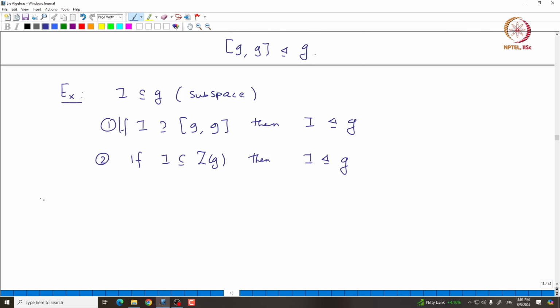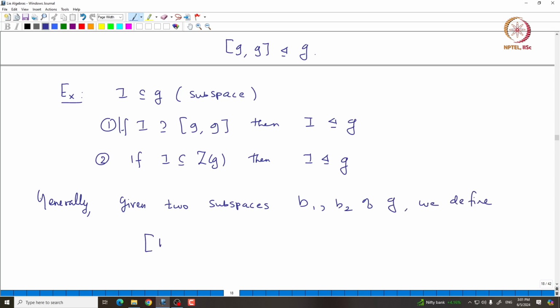Generally, given two subspaces H1 and H2 of G, we define the bracket [H1, H2] to be the span of all [x, y] such that x is coming from H1 and y is coming from H2.